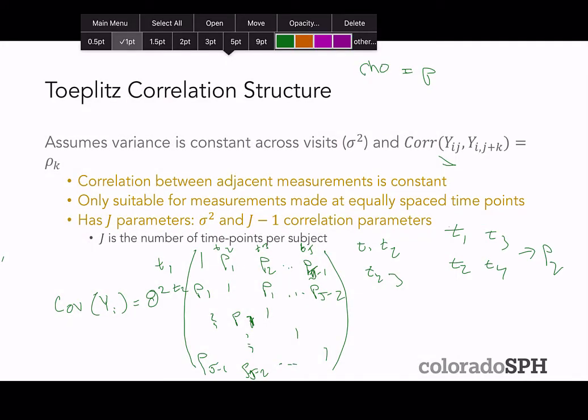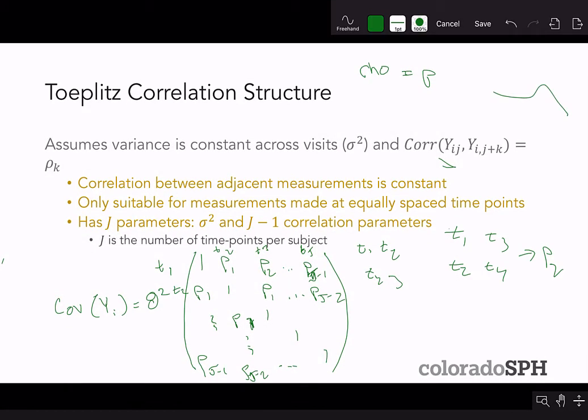However, there are a couple assumptions that we're making when choosing this correlation structure. One is all subjects have to have the same number of time points, and those time points are equally spaced. And they need to be equally spaced because otherwise the difference between time point 1 and time point 2 might not be the same as the distance between time point 2 and time point 3.